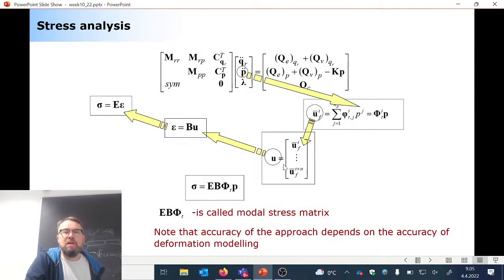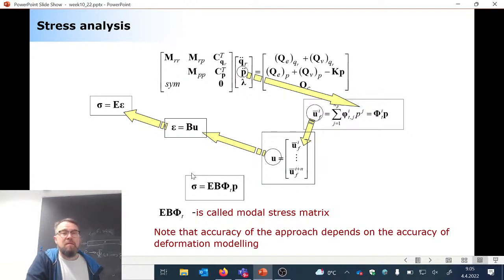Now, this is information that you can then use, as shown here, to extract the information associated with each one of the elements in your structure using this kinematic matrix B. You can go to strains, and using the matrix of elastic coefficients, you can go to stresses. You put all these steps together, and this is called the modal stress matrix, and it takes you from modal coordinates to stresses.